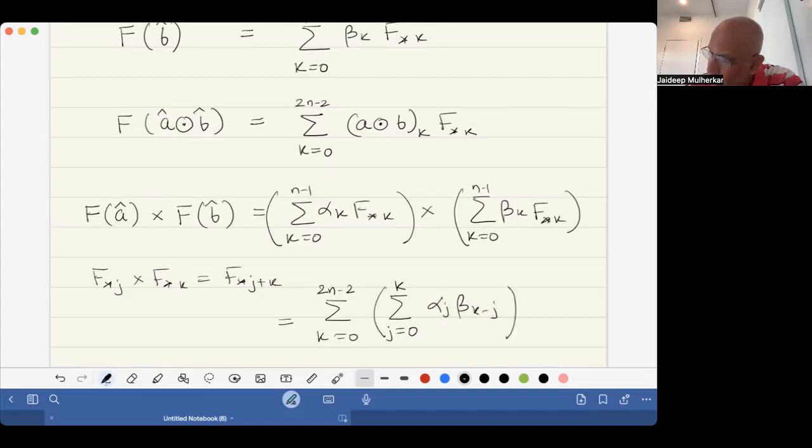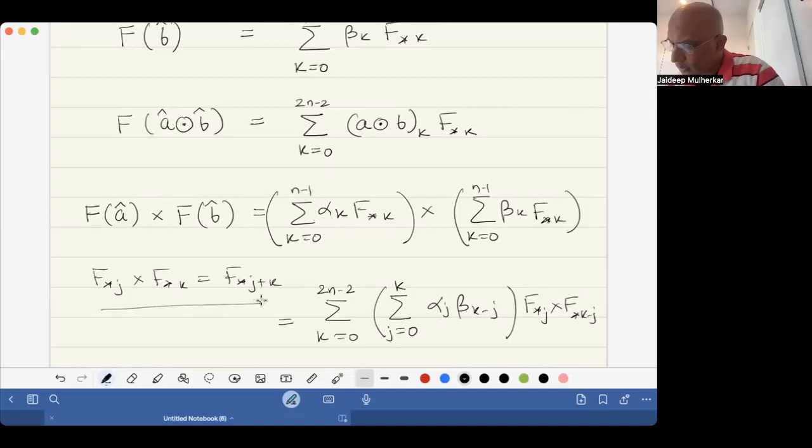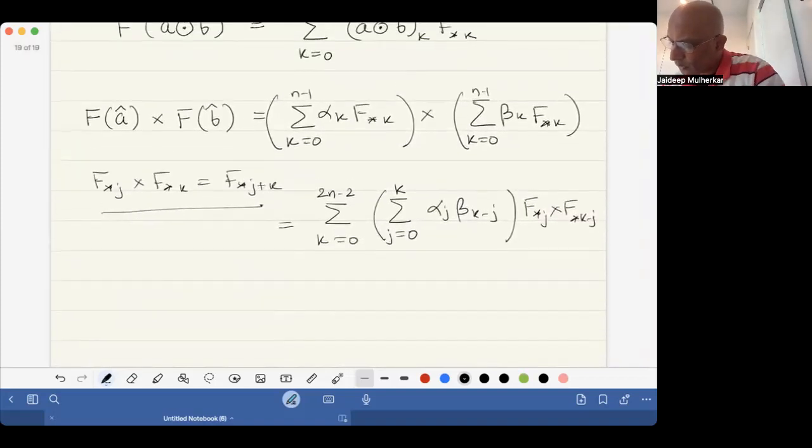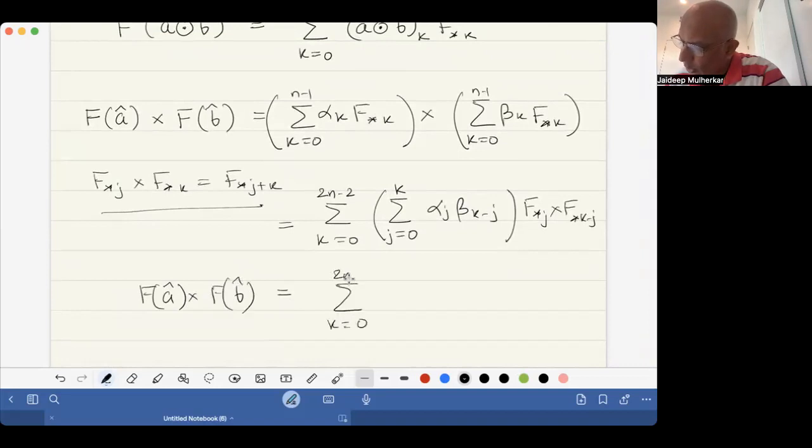And then it will be f star of j times f star of k minus j, which will just be f star of k because of this fact. So we get f of a hat times f of b hat equal to the summation k equal to 0 to 2n minus 2.